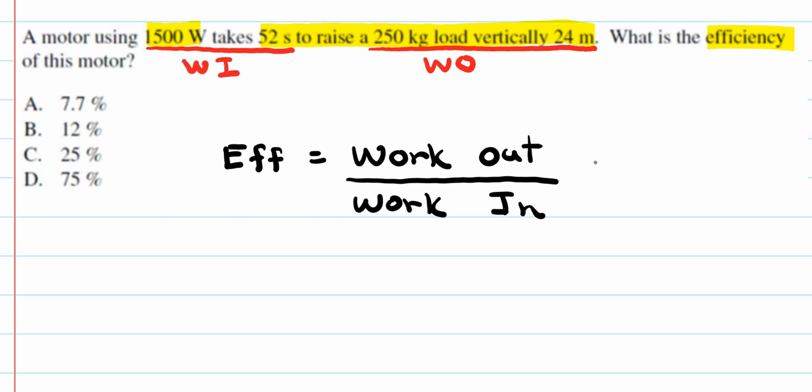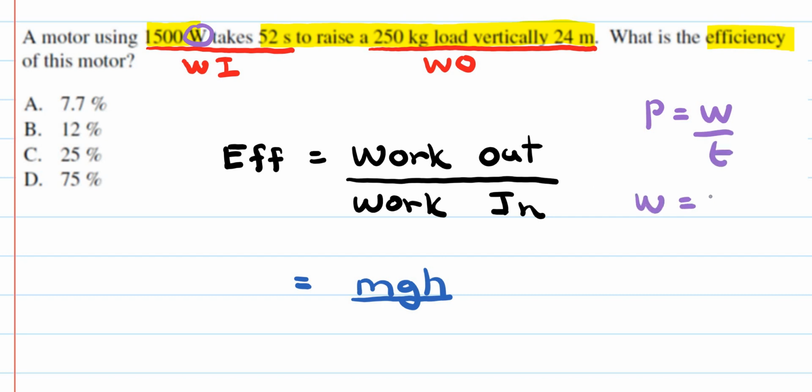The work out is simply going to be mgh, your potential energy, and then we divide it by the work in. Since we know that watts is a form of power, and power is equal to work divided by time, if we manipulate this formula, work is equal to power times time. So I'll put power times time in the denominator there.